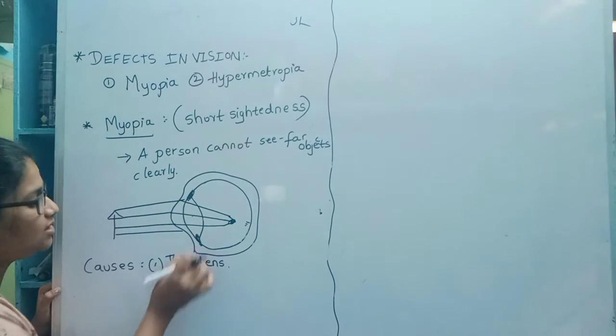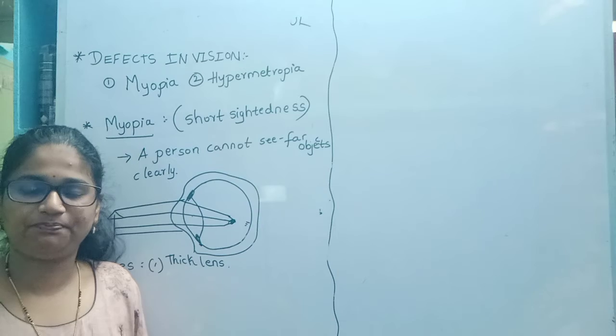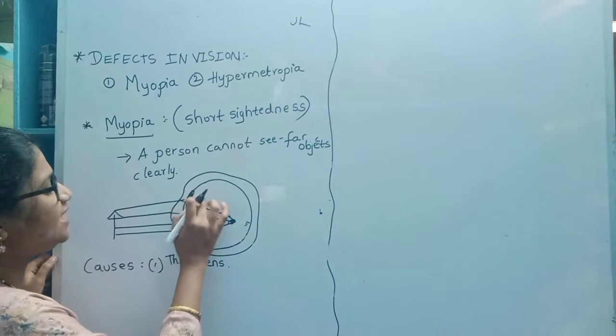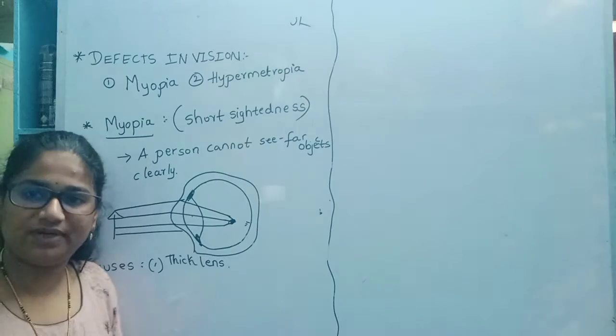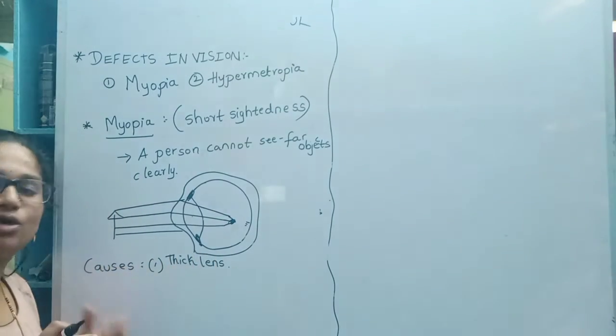So the first cause is the thick lens. Then if the ciliary muscles are not working properly, if they are not relaxing properly, that might be another cause.